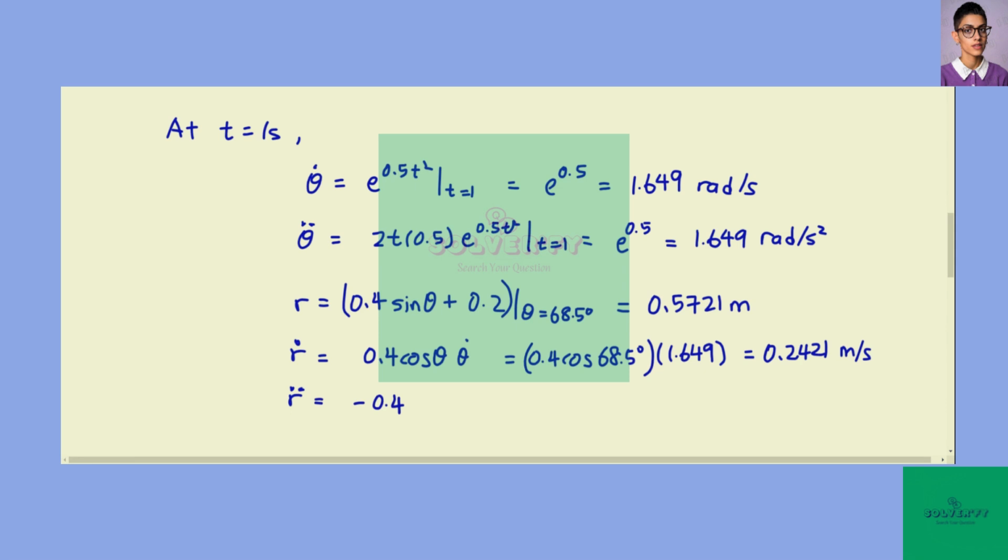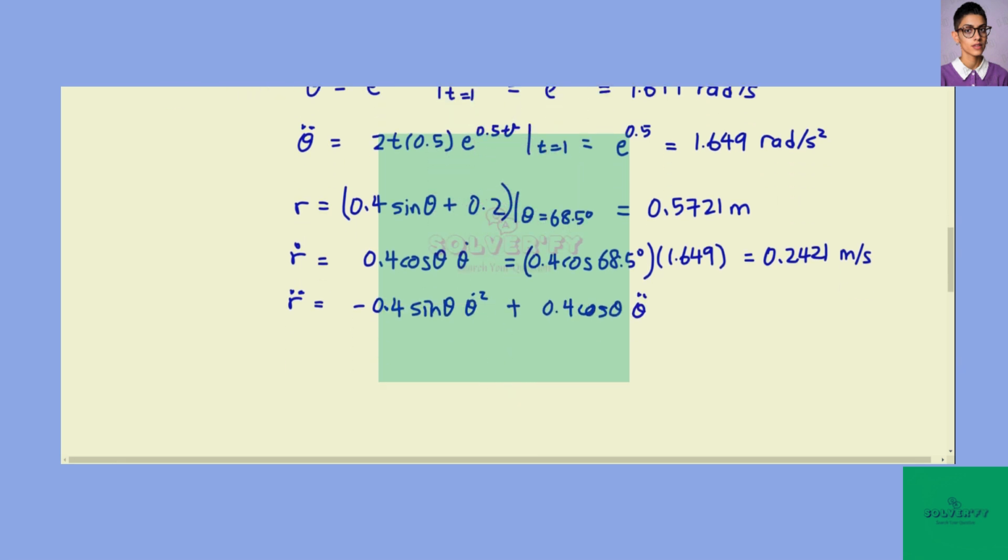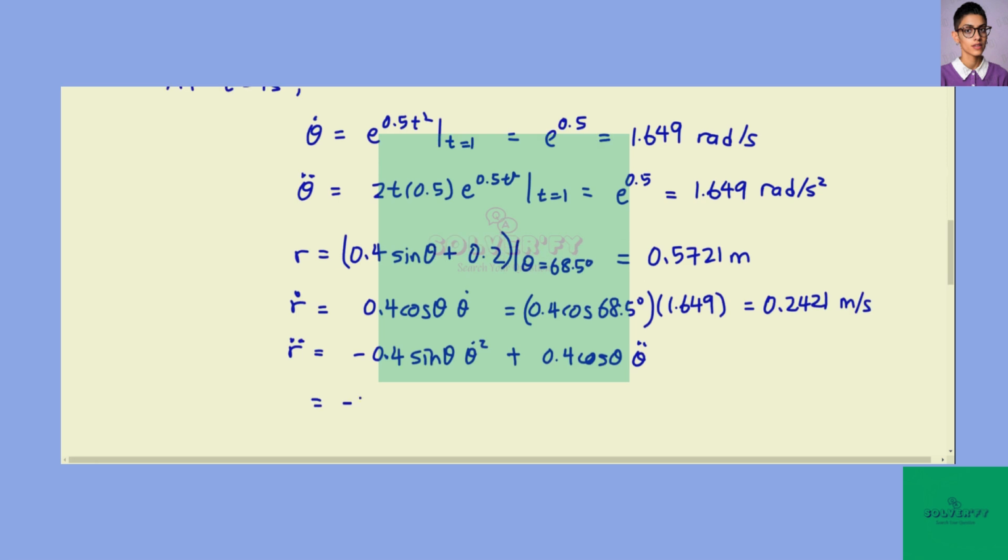Then r double dot is equal to minus 0.4 sine theta times theta dot square plus 0.4 cosine theta times theta double dot. So we have minus 0.4 sine 68.5 degrees times 1.649 square plus 0.4 cosine 68.5 degrees times 1.649.